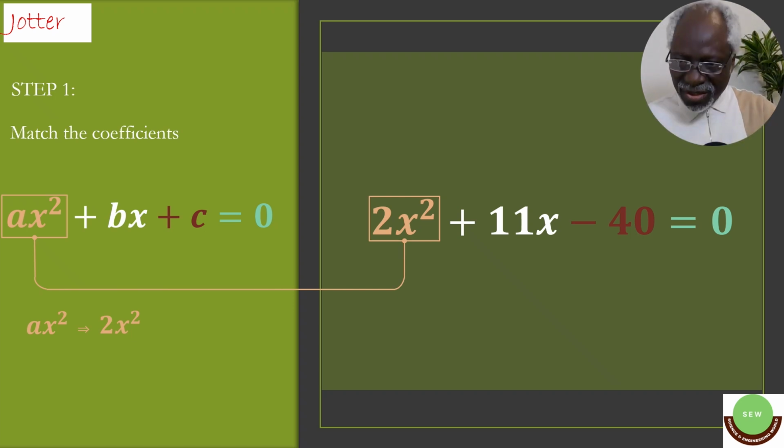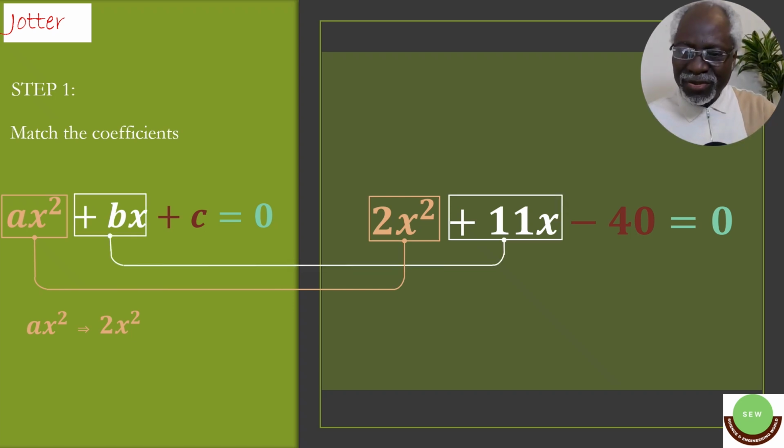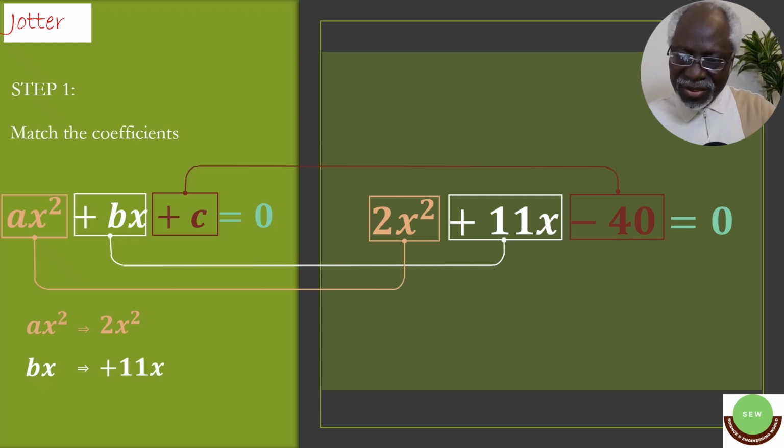The second term is bx, so we have bx on the left hand side and plus 11x on the right hand equation, so bx is compared to 11x. The third term is c, so we have plus c on the standard equation and minus 40 on the equation we want to solve, so c is compared to minus 40.